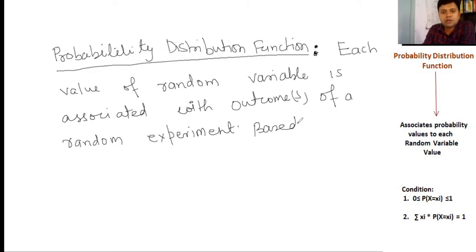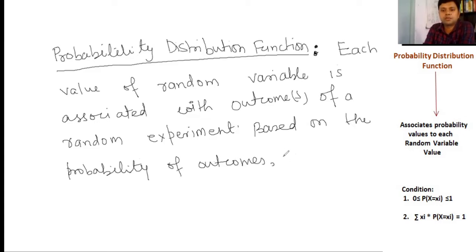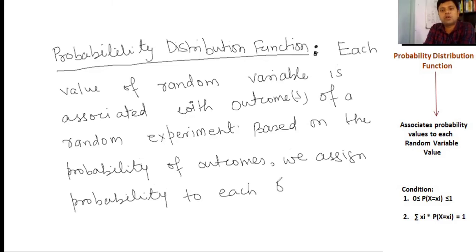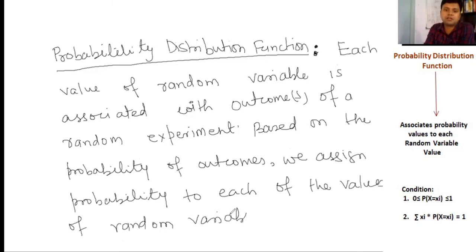Based on the probability of outcomes, we assign probability to each of the values of the random variable.